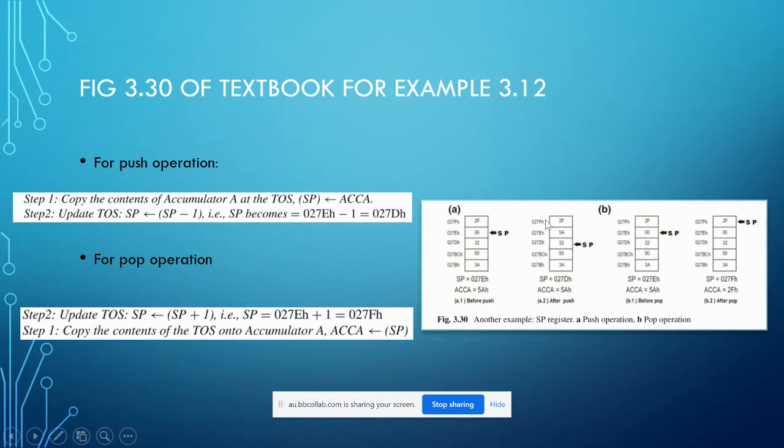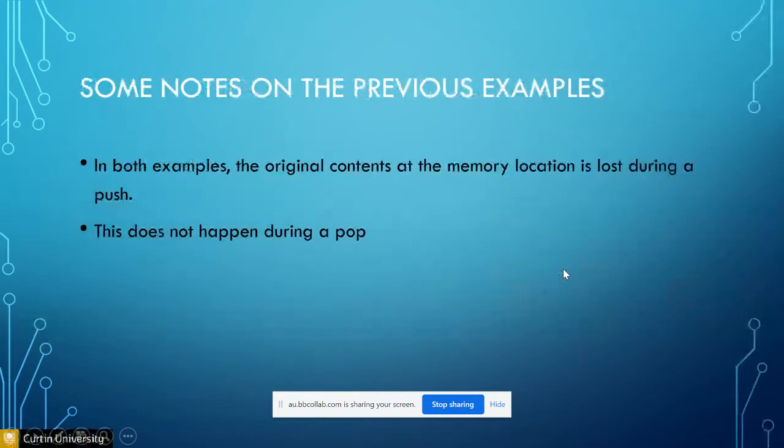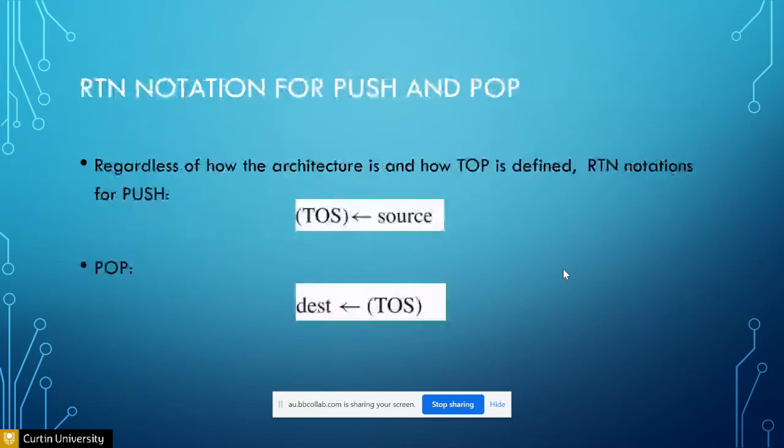Have a look at this. You should be able to do this after you study this week's lecture. In a pop, whatever you have remains, but whatever particular register you pop to actually changes.